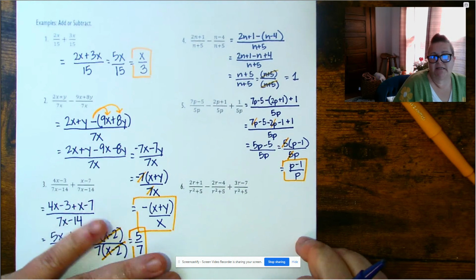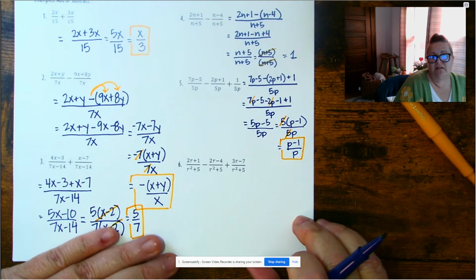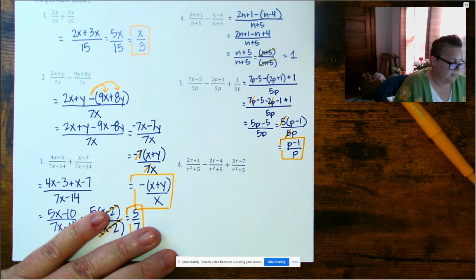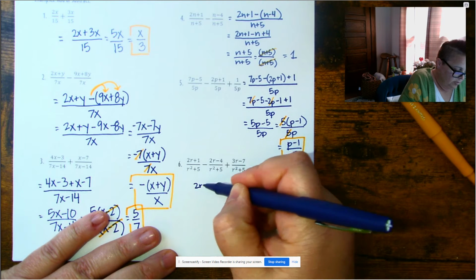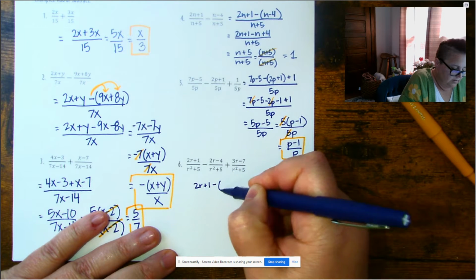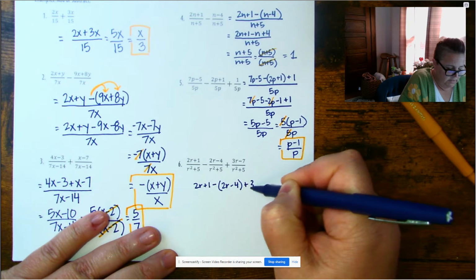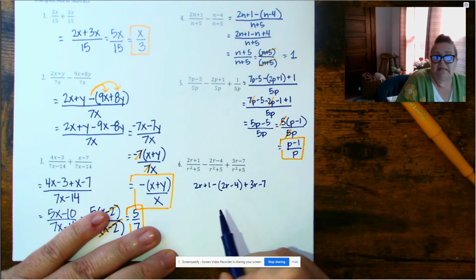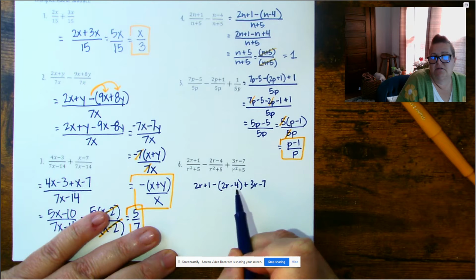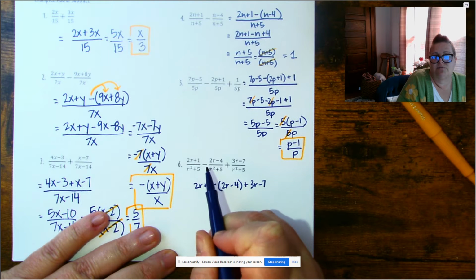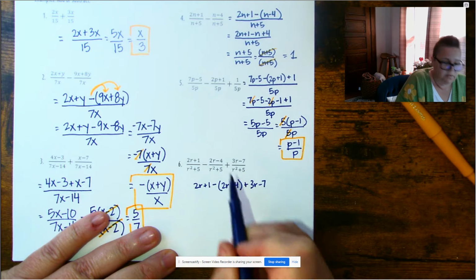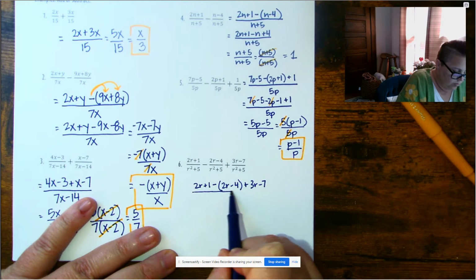All right, let's try number 6. It looks awfully long, but all of the denominators are the same, so that at least makes things better. So now I've got 2r plus 1 minus 2r minus 4 plus 3r minus 7. Again, I'm putting this in parentheses because that subtraction needs to get distributed to everything in the numerator.